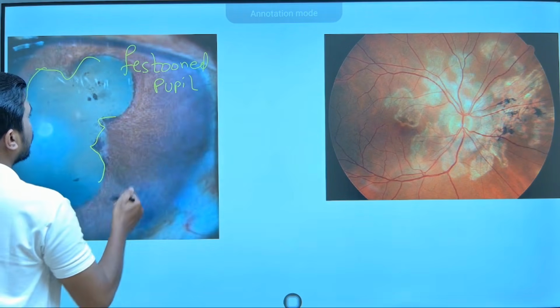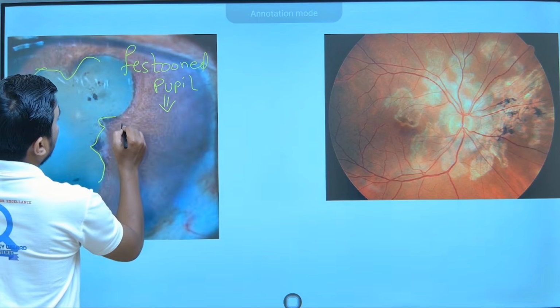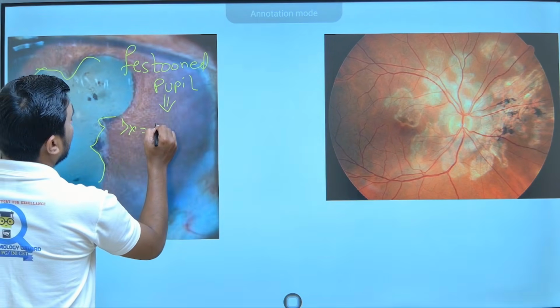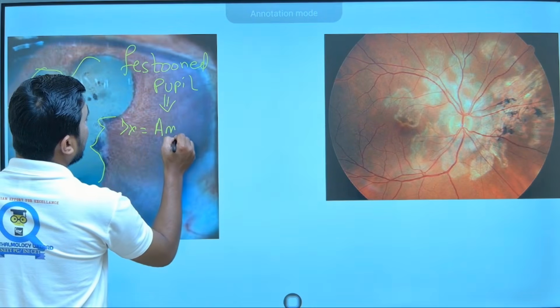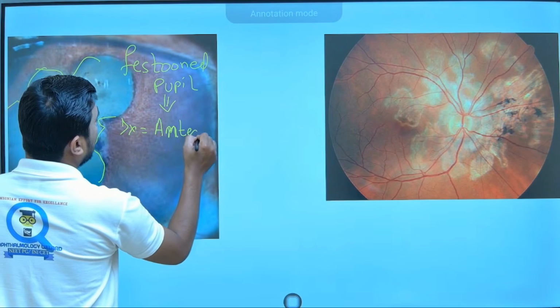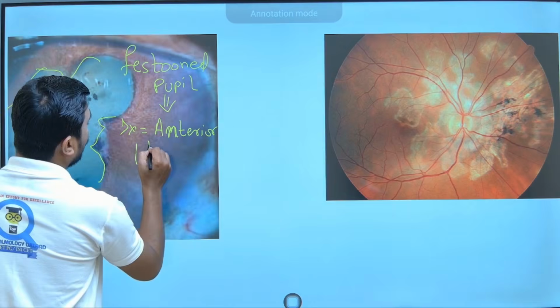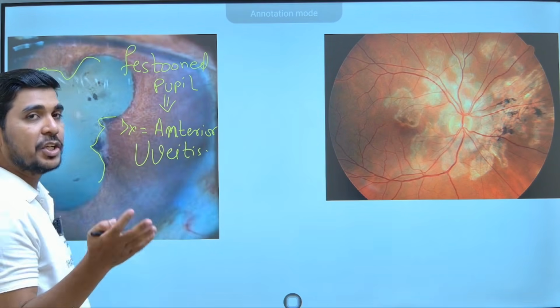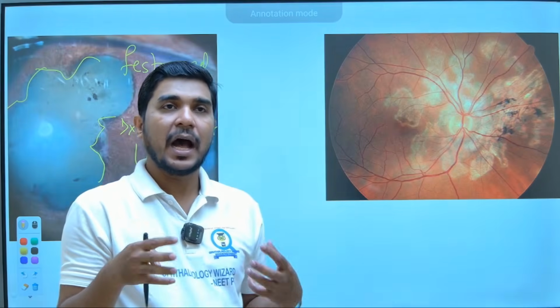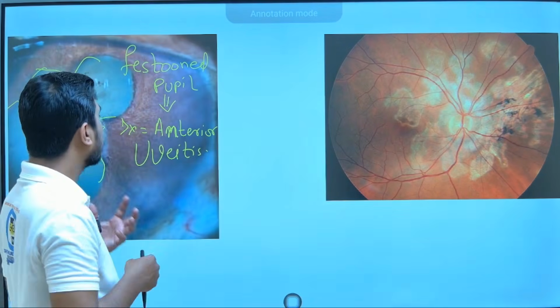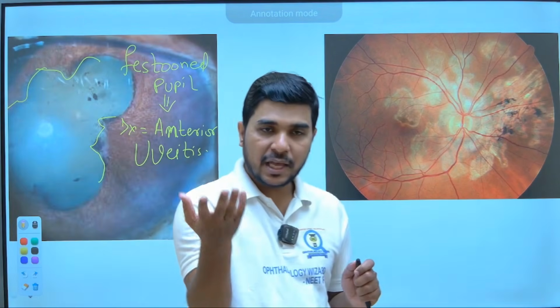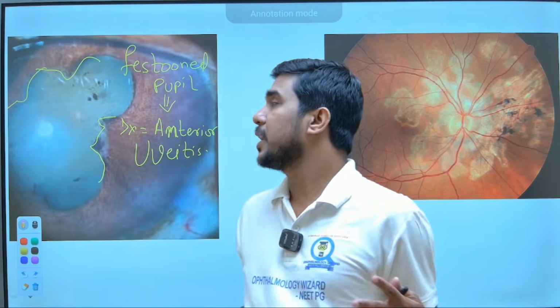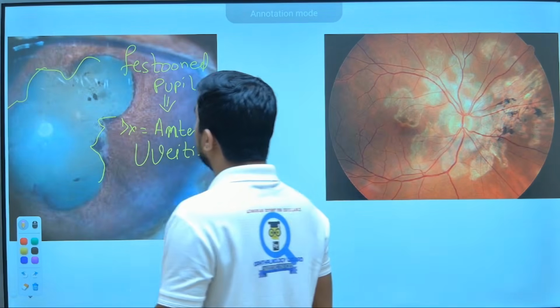You are going to see this in a case of anterior uveitis. Anterior uveitis is the inflammation of the iris structures. If the iris structures are involved, that is called anterior uveitis, and the anterior chamber is involved, right?